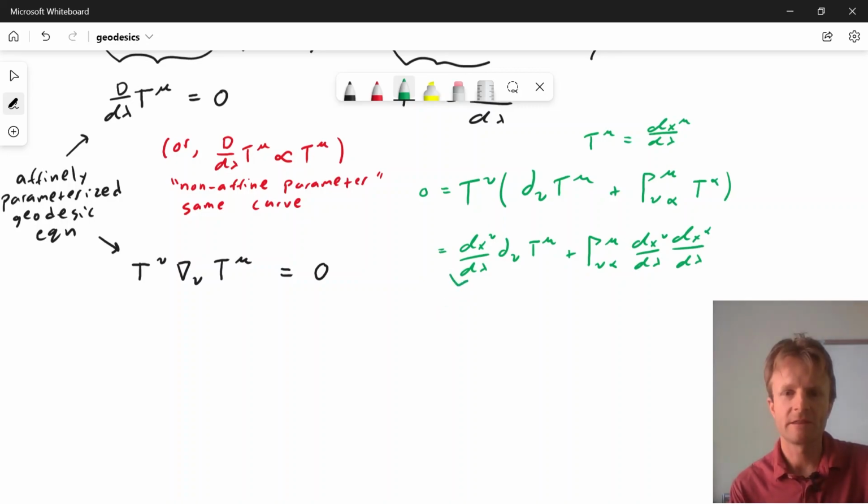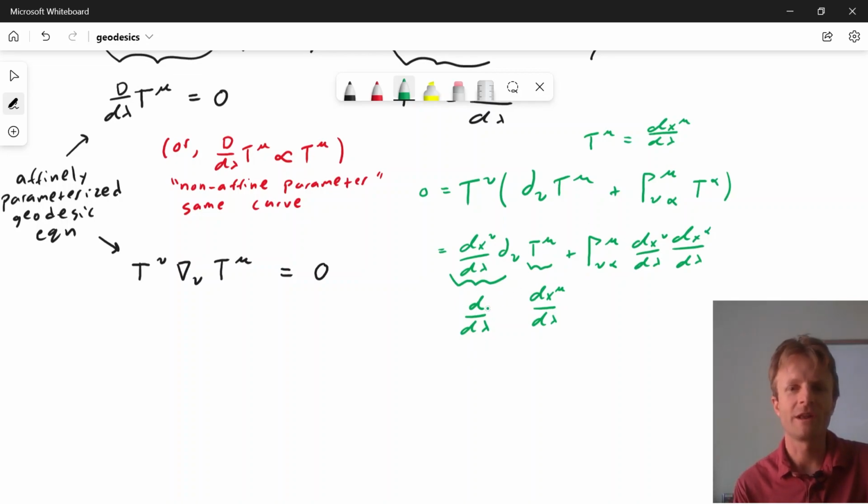And now we notice that this thing is finally just the ordinary little d by d lambda by the chain rule. This t^mu I forgot to expand, so I'll just point out that it is dx^mu d lambda. That's just this formula. And so we have an ordinary lambda derivative of an ordinary dx^mu d lambda, which is just d2 x^mu d lambda squared.